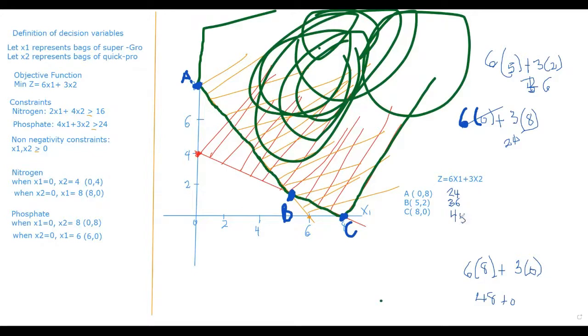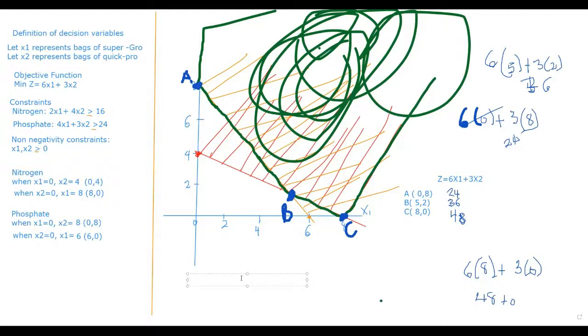This one is not a maximization question, or this one is not a profit question. This one is cost. And I said it that every rational entrepreneur or a businessman will go for the minimum cost. You get it?